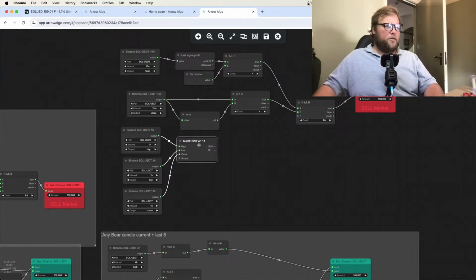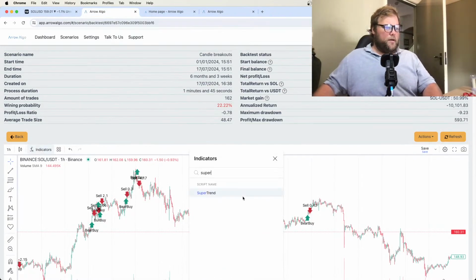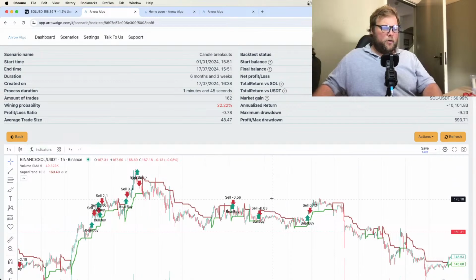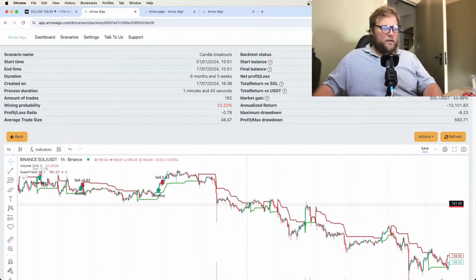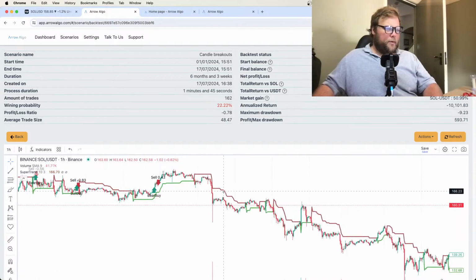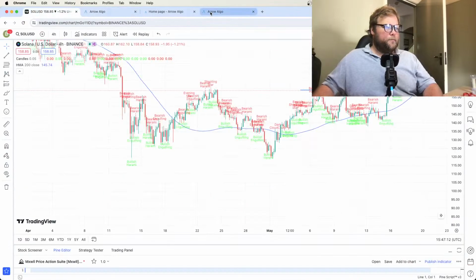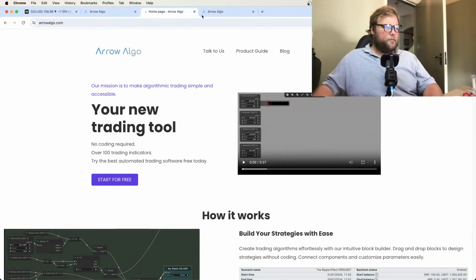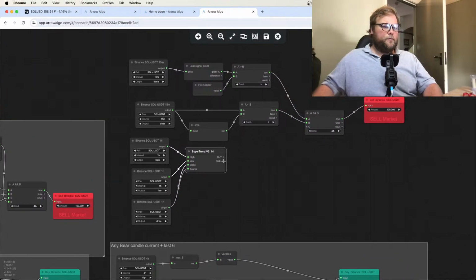So the super trend indicator, for people that don't know, is a trend based indicator that plots a line above or below. Generally on the downturns it's red, and on the upturns it's green. So if we've got an hourly super trend that's red, then we know that we're in a down market. The super trend needs a high-low close and a source, which I generally use the closing, but again, play around, see what works.